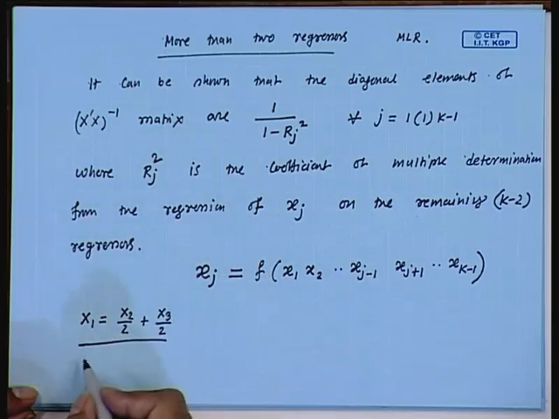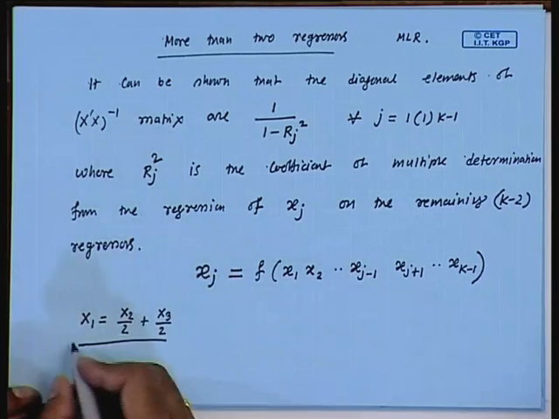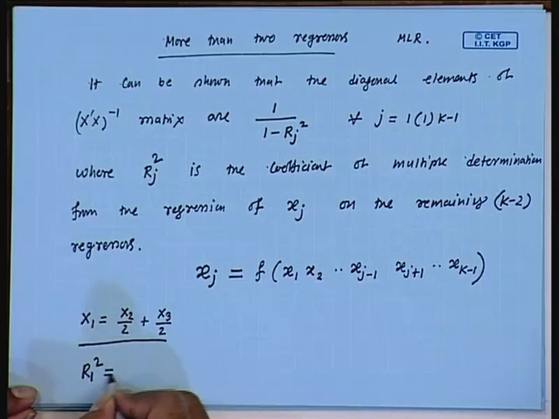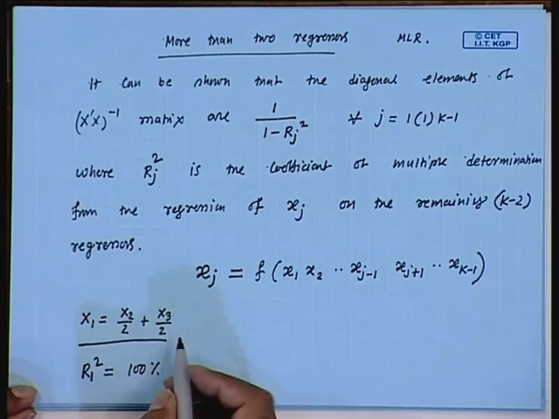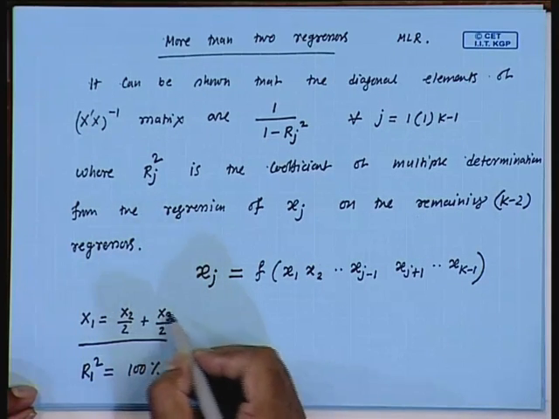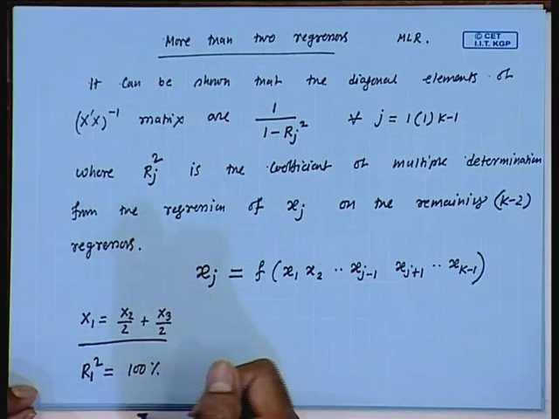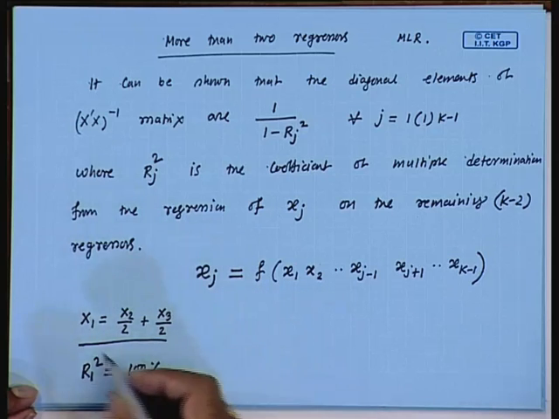The coefficient of multiple determination for this example is basically R1 square, and here R1 square is 100%, because x2 and x3 can explain 100% of the variability in x1.